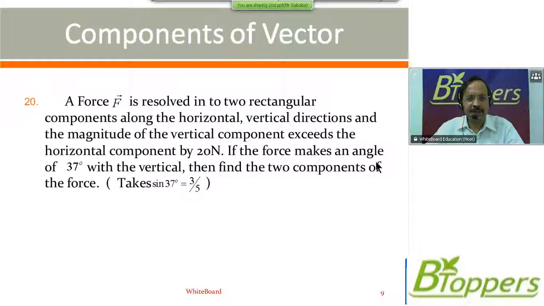If the force makes an angle of 37 degrees with the vertical, then find the two components of the force. You have to take sine 37 degrees equal to 3 by 5. If you want, you can take a pause and try the problem. Otherwise, look at the solution of the problem.